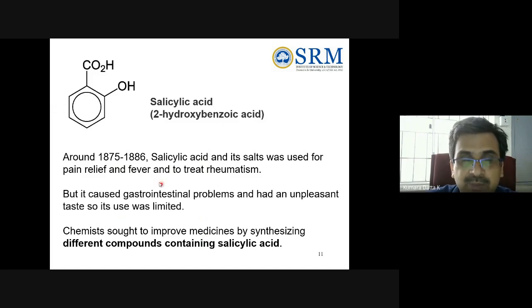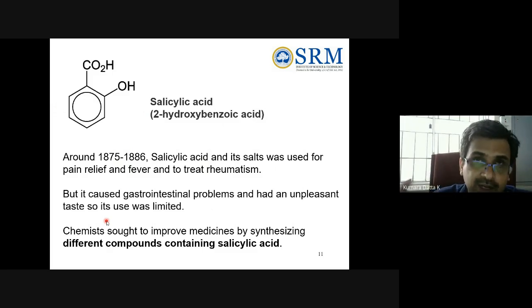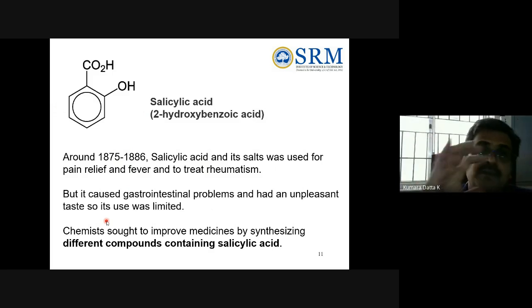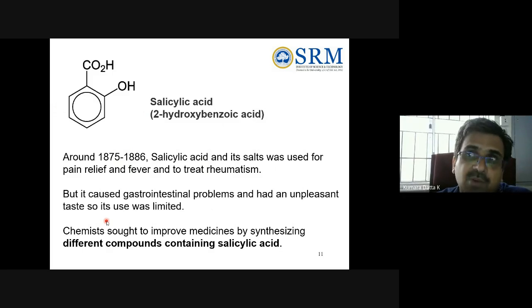What happens is, people were taking it in the directly active form, but salicylic acid can cause gastrointestinal problems and has a very bad taste. That is the reason an active ingredient is kept in a safer form, like a capsule or tablet, which makes it easier to take.